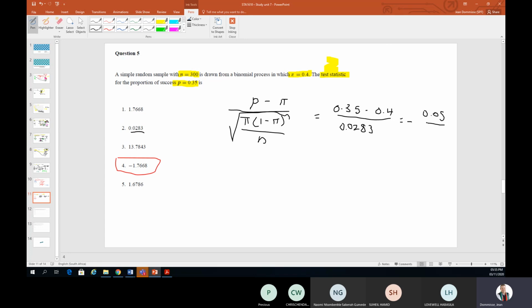So if I then say 0.05 divided by 0.0283, and remember the negative, I do get my answer as negative 1.7678.